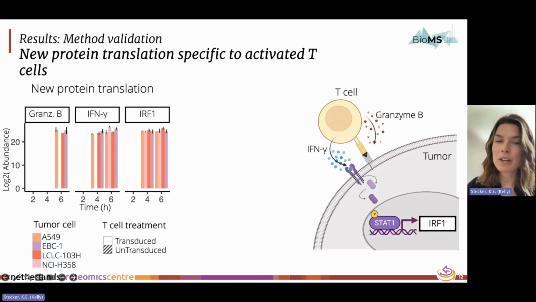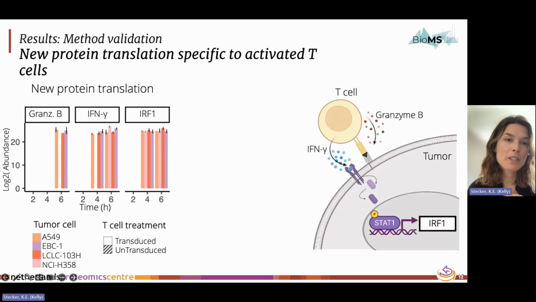And when we looked into our data, we saw exactly this. So if we looked at newly translated proteins, here I'm showing the abundance of different proteins on the y-axis, and the x-axis is time. And the color codes are the 4 different cell lines that we did the co-culture with.